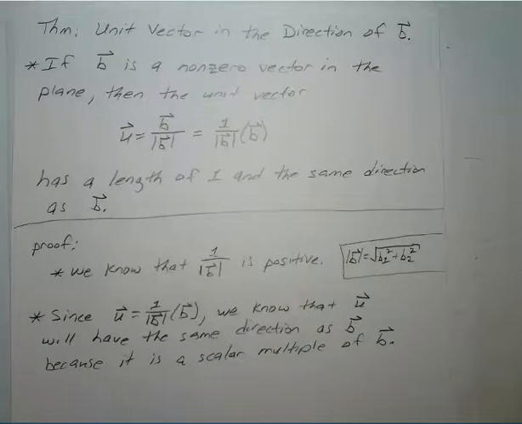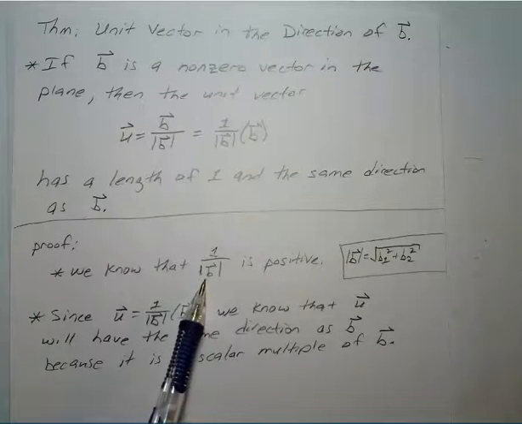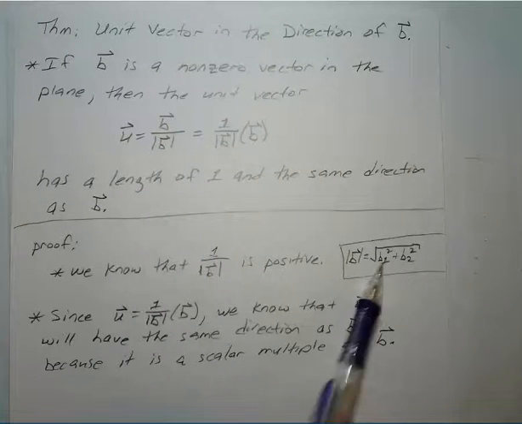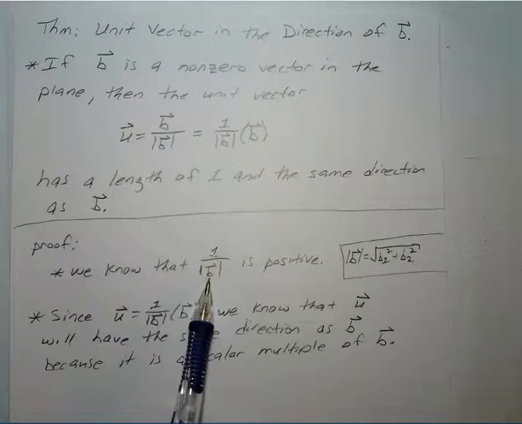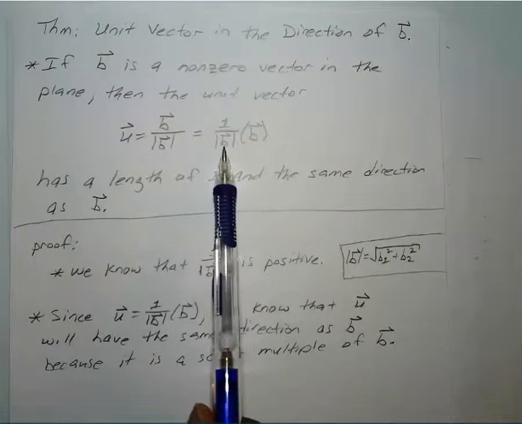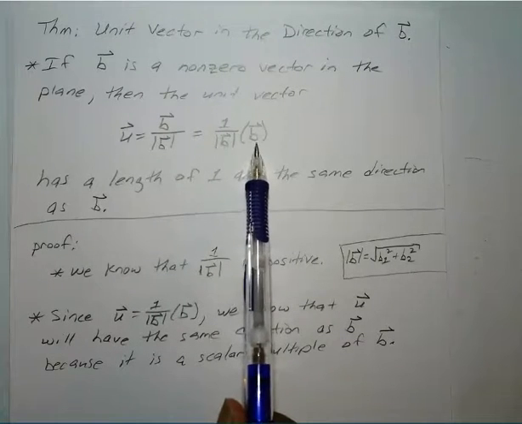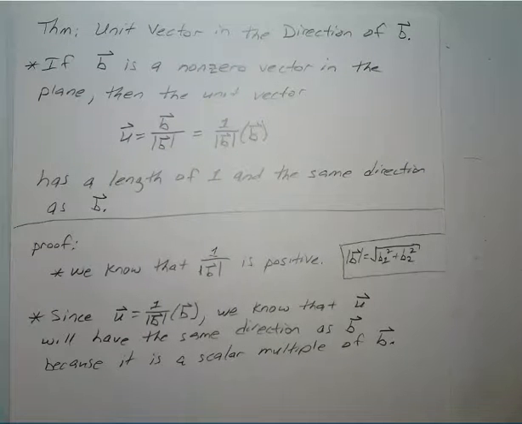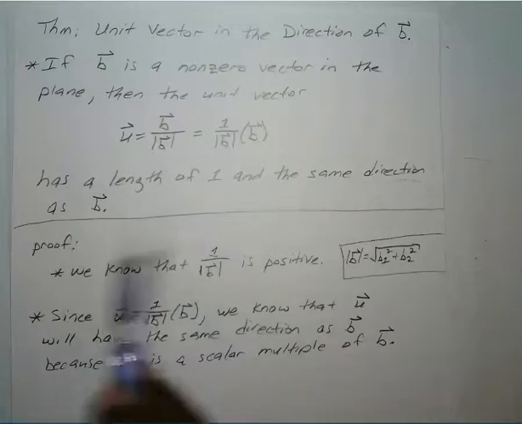Think about it this way: 1 divided by the magnitude, you end up with a scalar. So you have 1 divided by the square root of some number, you're just getting a real number and multiplying it to your vector. So it's going to be the same direction because it's just a scalar multiple. Okay, so we know that it's the same direction as b.